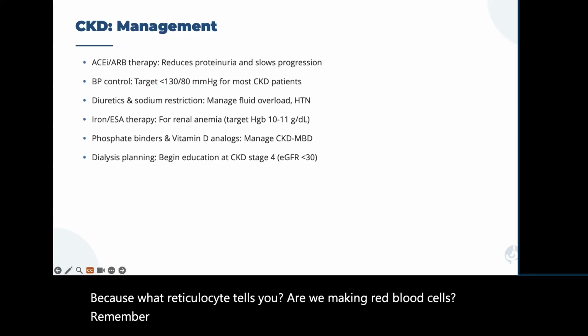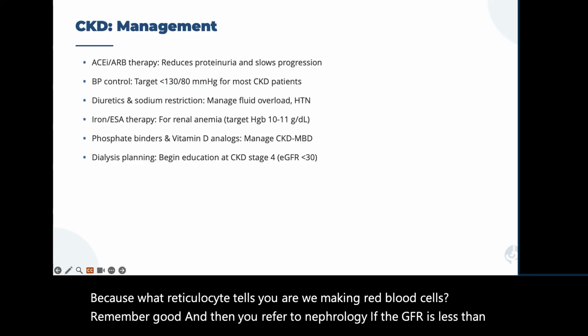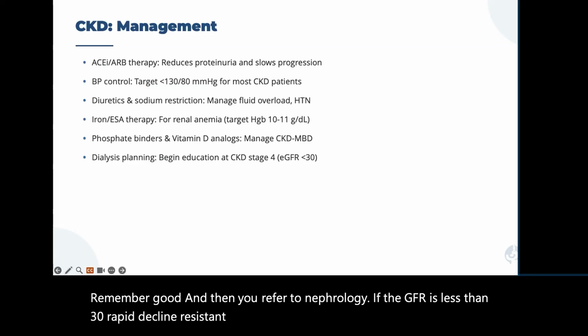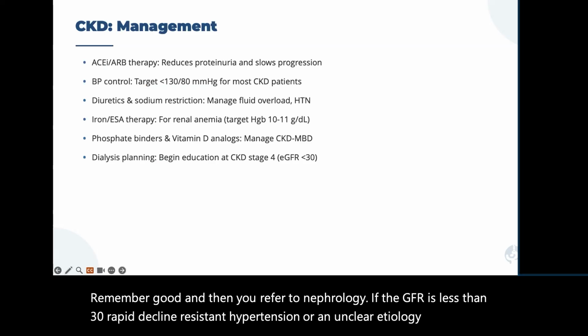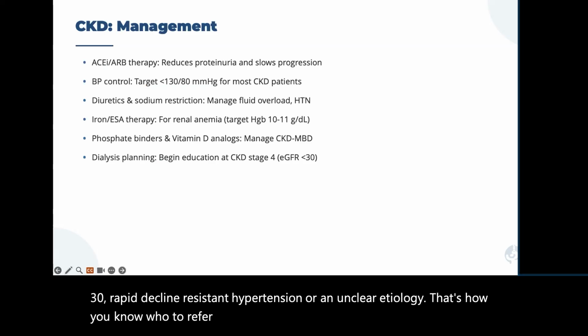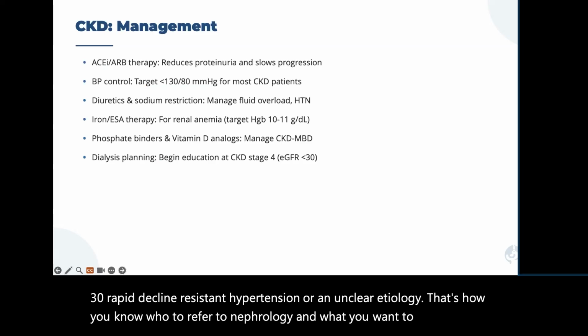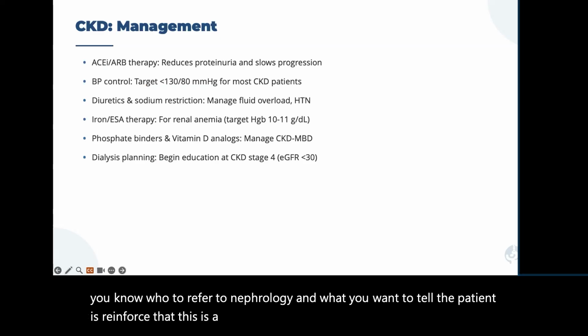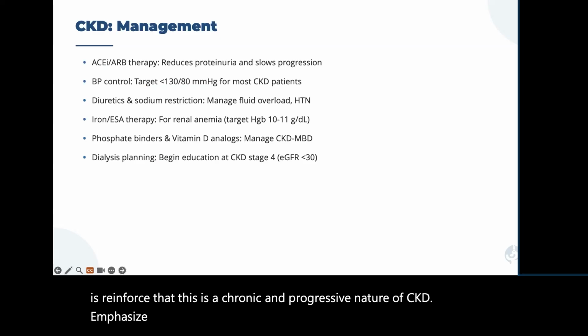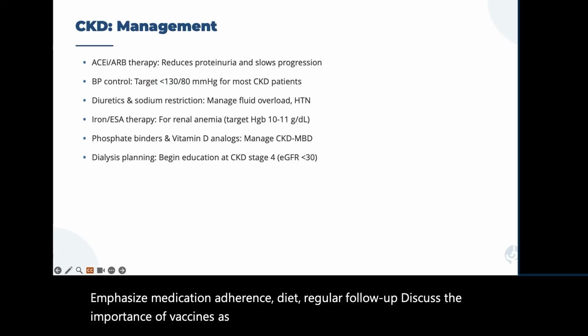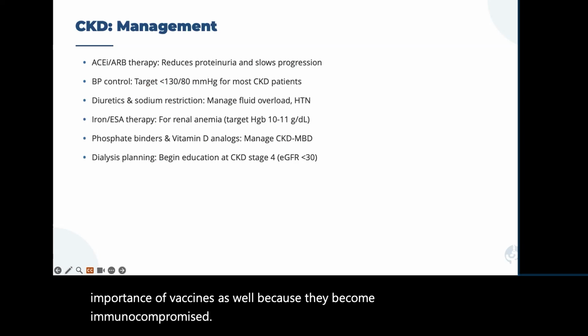Remember? Good. And then you refer to nephrology if the GFR is less than 30, rapid decline, resistant hypertension, or an unclear etiology. That's how you know who to refer to nephrology. And what you want to tell the patient is reinforce that this is a chronic and progressive nature of CKD, emphasize medication adherence, diet, regular follow-up, discuss the importance of vaccines as well because they become immunocompromised, especially Hep B, before advanced CKD develops.